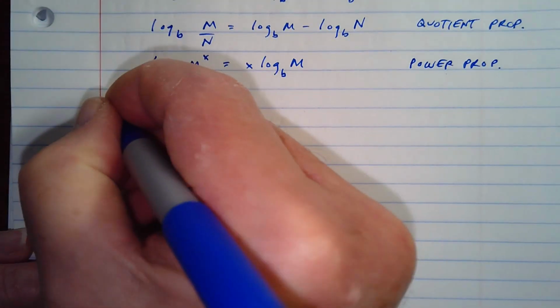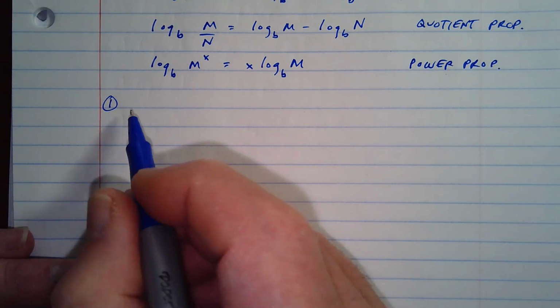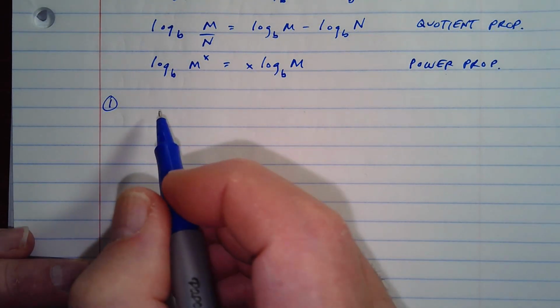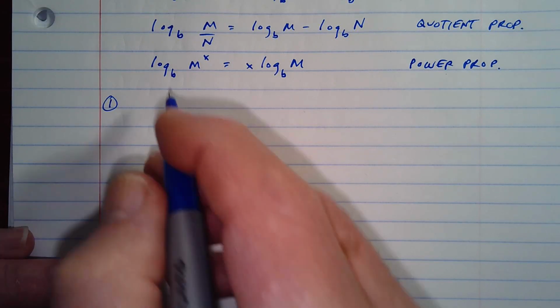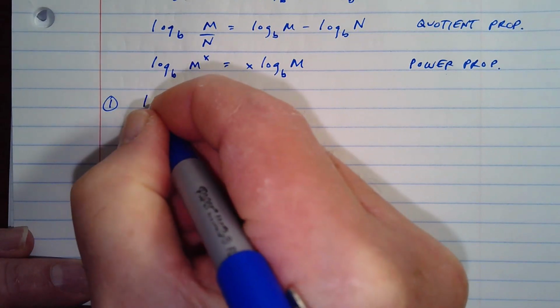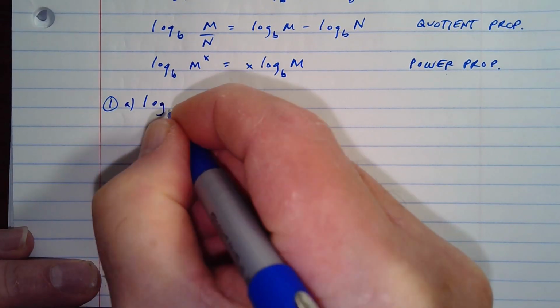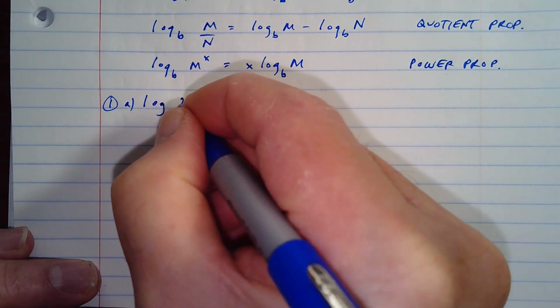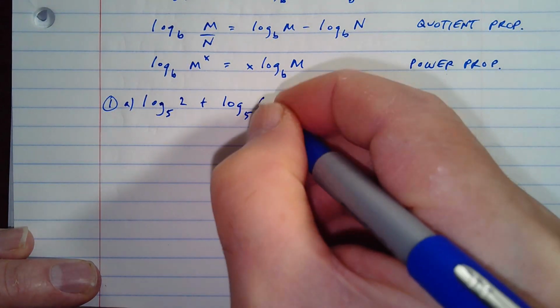All right, so let's start using some of these ideas. The first example has us go through a bunch and just say, okay, here's a statement. Which property or properties, plural, allows us to say this? So this will be part A. Let's do log base 5 of 2 plus log base 5 of 6.